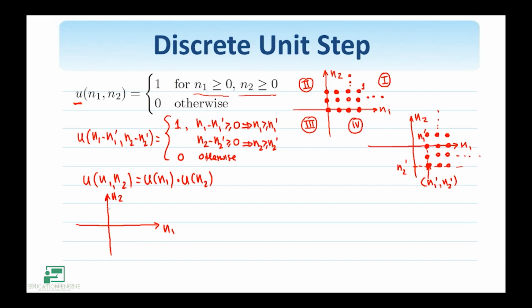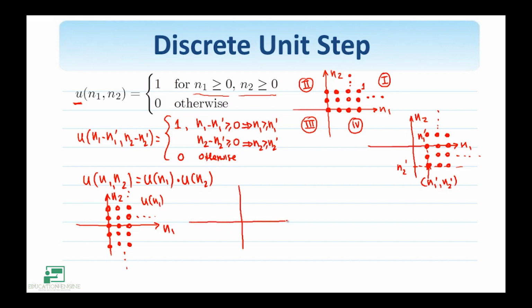So it looks like this. Again, the solid circles have value 1, so it extends to infinity this way, and this way, and this way. So this is u N1.